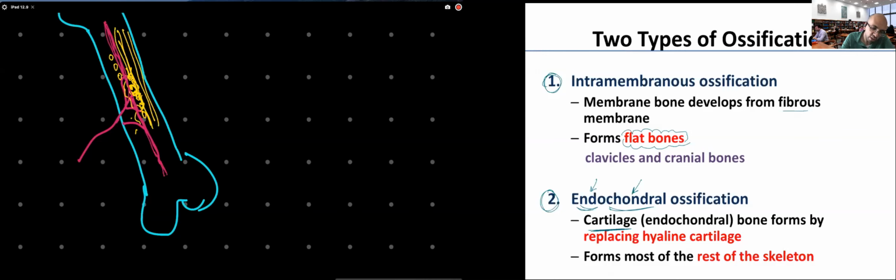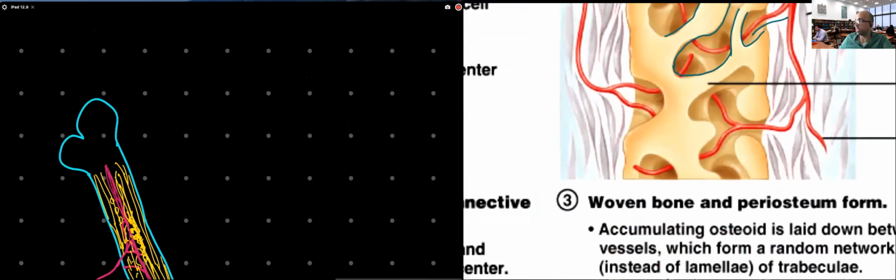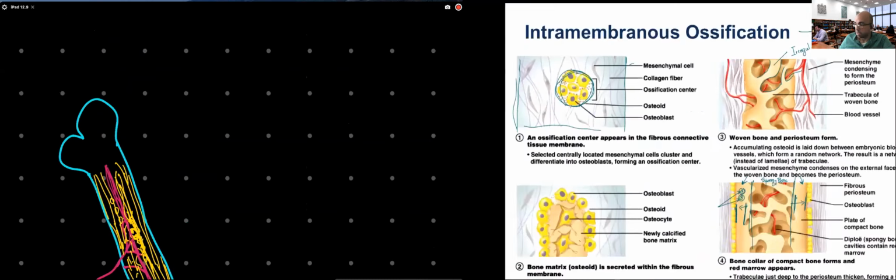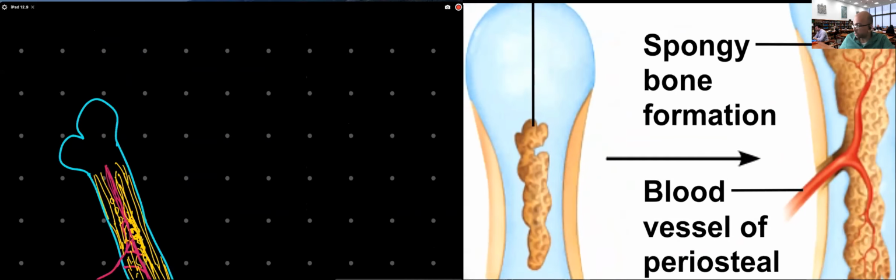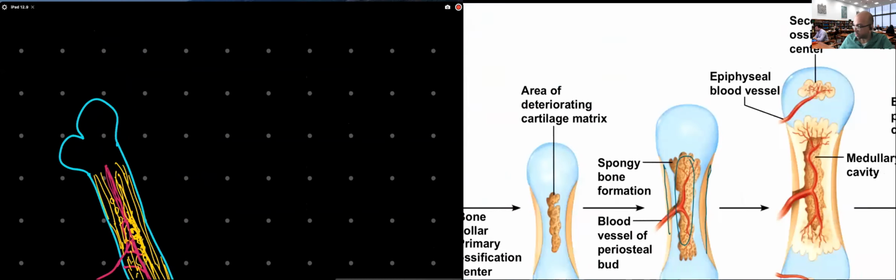And as they are not trying to avoid the blood vessel anymore, because they are forming the bone around the blood vessel instead of around multiple small vessels like what we've seen in the intramembranous ossification, I will be able to form compact bone on the outside, but the inside that is preoccupied by this large vessel will become the cavity. We call this my medullary cavity.